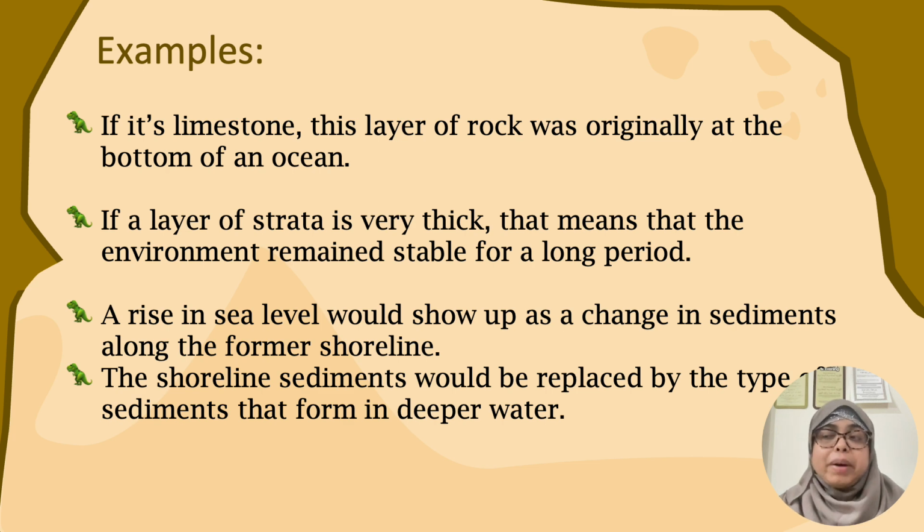It's bringing dead substances, sand, rocks, pebbles. Those are sediments. So the change in the sediments along the shoreline is what scientists would look at. A rise in sea level would show up as a change in sediments along the shoreline.